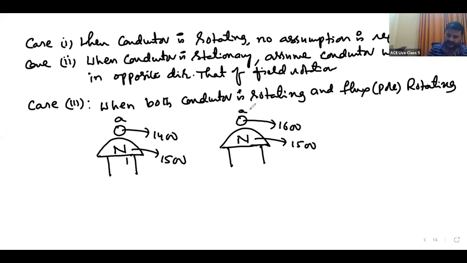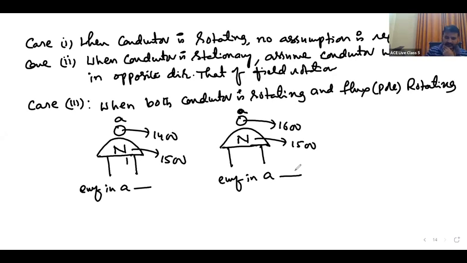Then what is EMF in A? EMF in A is dot or cross? First diagram, tell me.